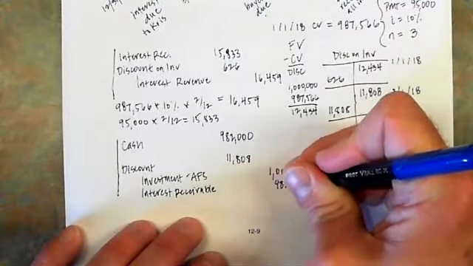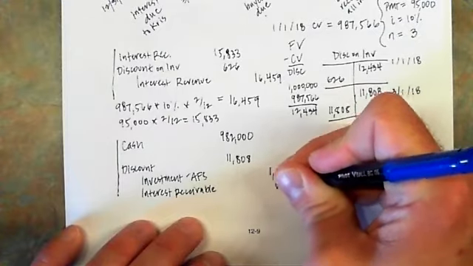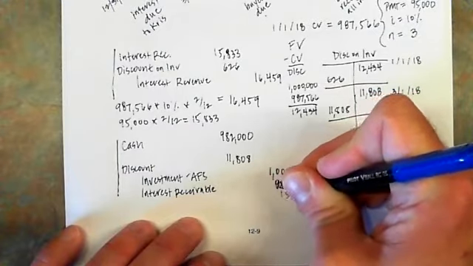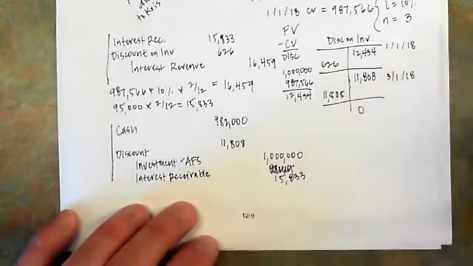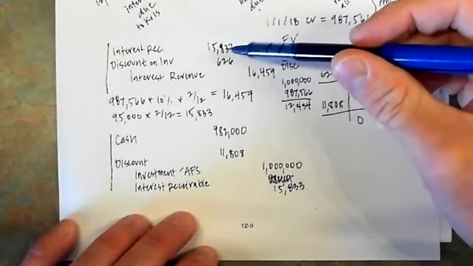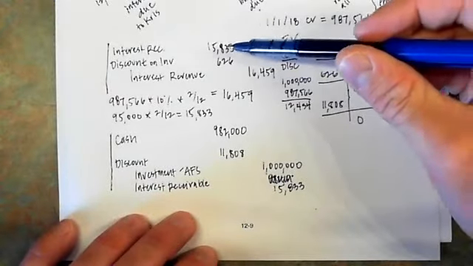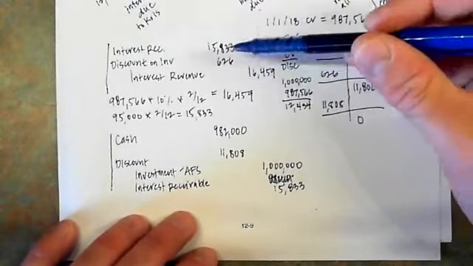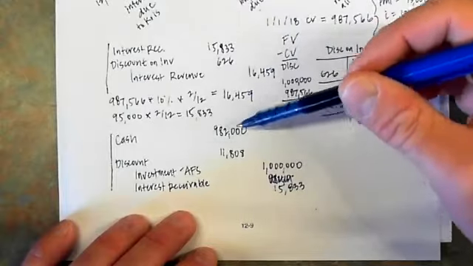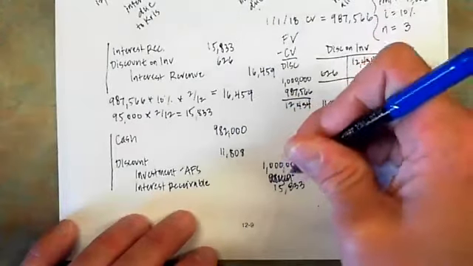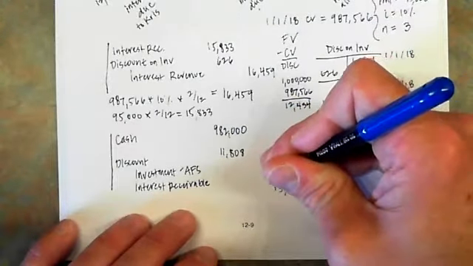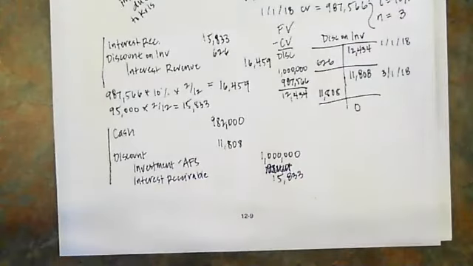Because otherwise then, oops, I just wrote 982, 15,833. Otherwise, if you had recorded this as cash, you would have already been paid for this amount and you might have double counted cash. So be careful with that. First, it's interest receivable, then you wipe the interest receivable out with a credit.